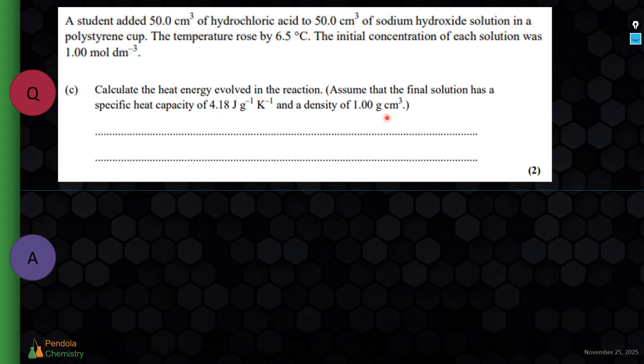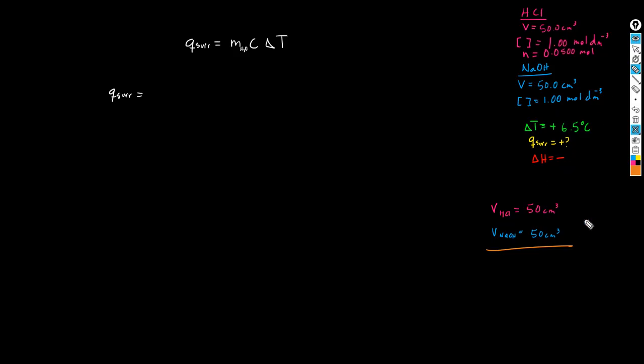Those two 50 cubic centimeters are added together, which means the volume of the overall mixed solution is 100 cubic centimeters.